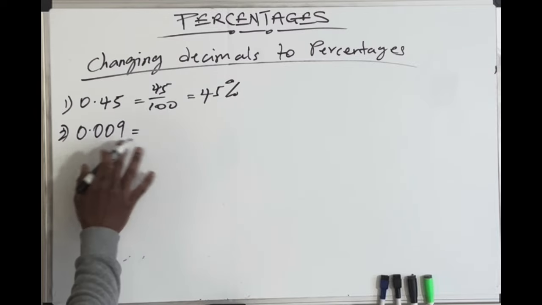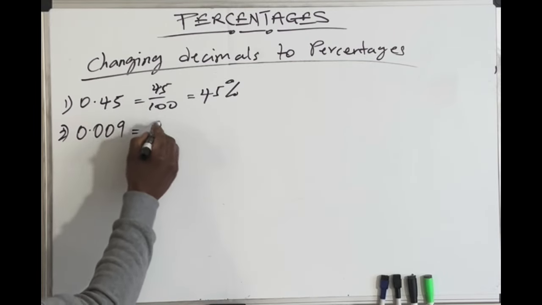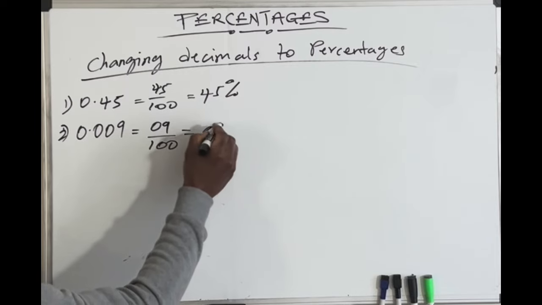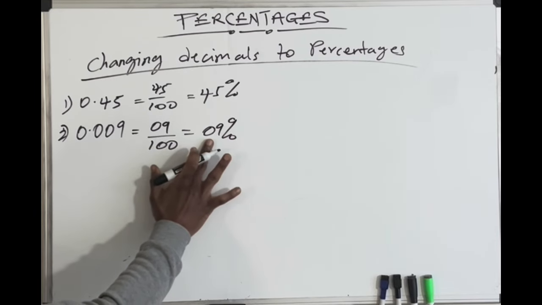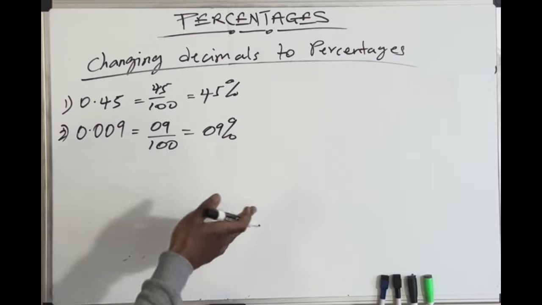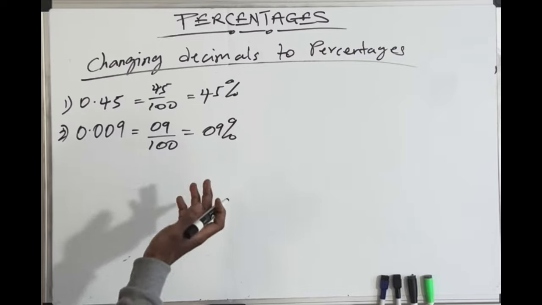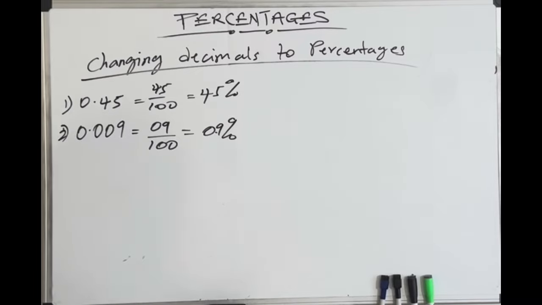The same thing applies to this. We said two numbers. This time around, we have 0.9 over 100, and so 0.9%. But we don't have anything like this in the percentages and fractions, so you just have to reason and be like, okay, there should be a point here. So 0.9%.